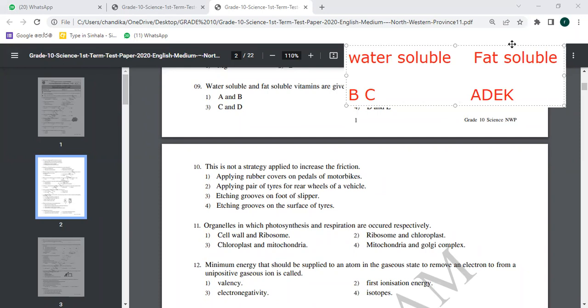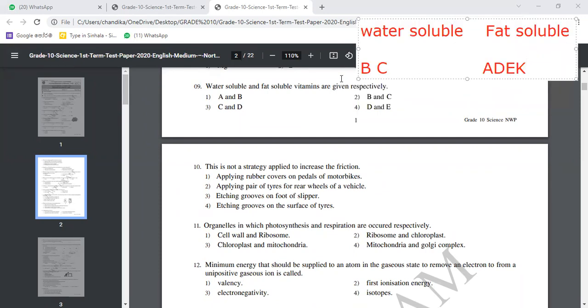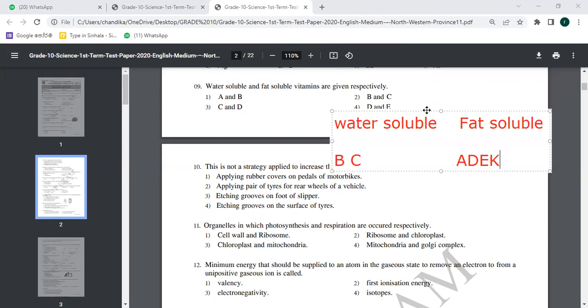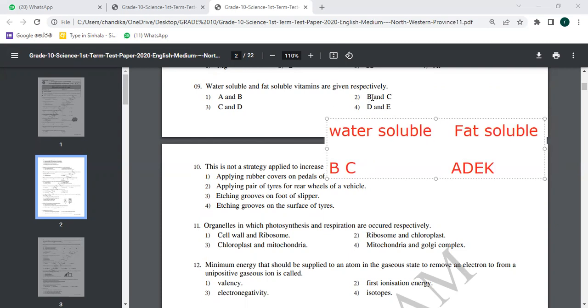So according to the question, water soluble and fat soluble, the first one has to be water soluble. Look for B or C for the first one. B is there in the second response, but the second vitamin is also water soluble. C is also water soluble. But in the third answer, C and D, the first one is water soluble and the second one is fat soluble. So the third answer is the suitable answer.